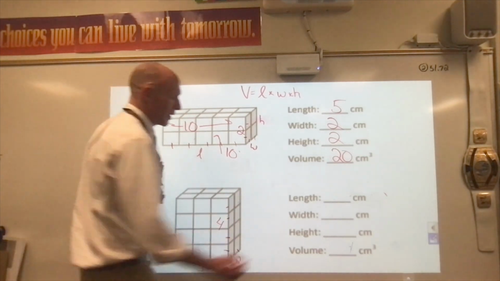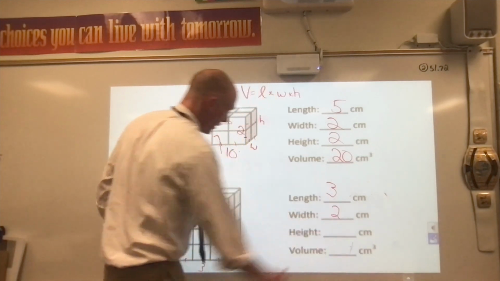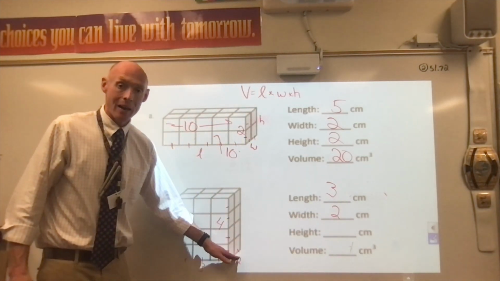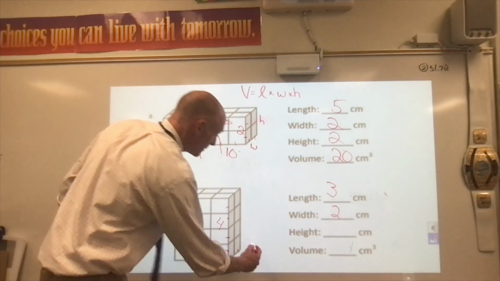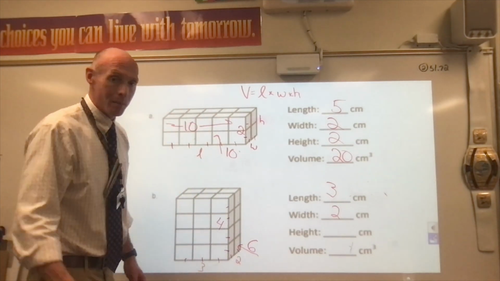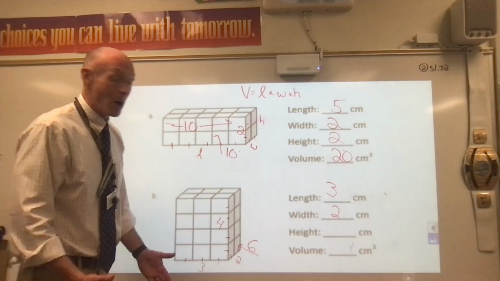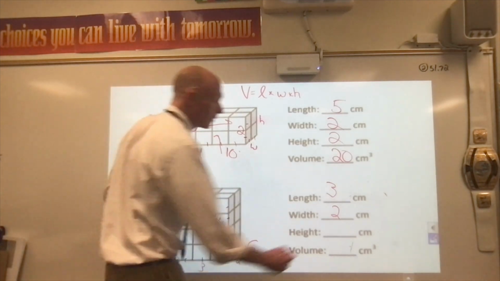So our length is 3. Our width is 2. So therefore, we know how many are on the bottom layer? 3 times 2, or 6. Awesome. We know that there's 6 cubes on that bottom layer. Question is, how many layers are there? We figured out our height is 4.